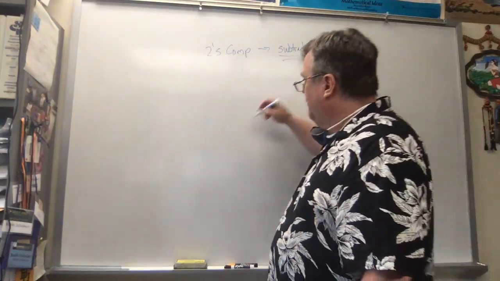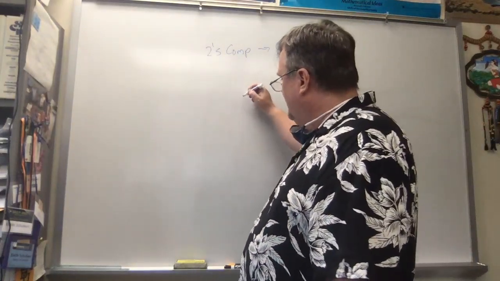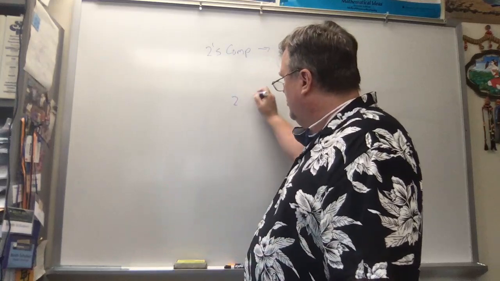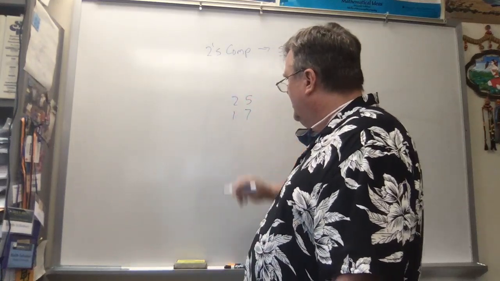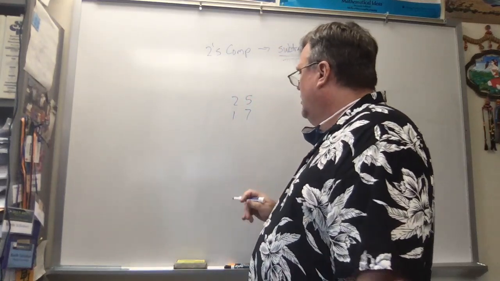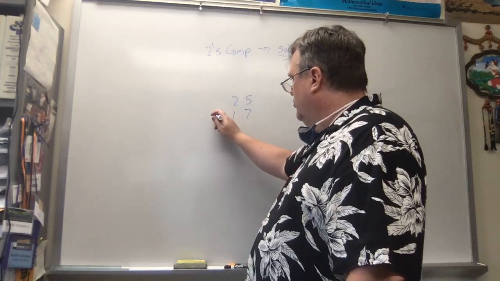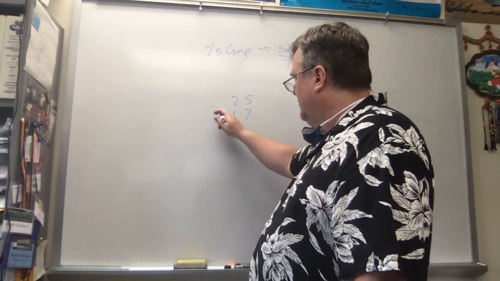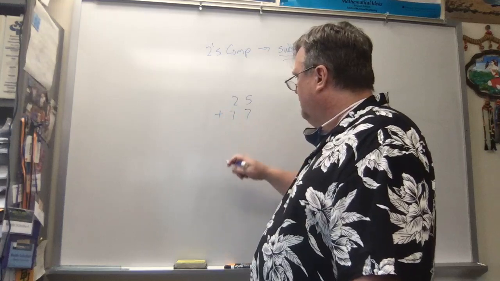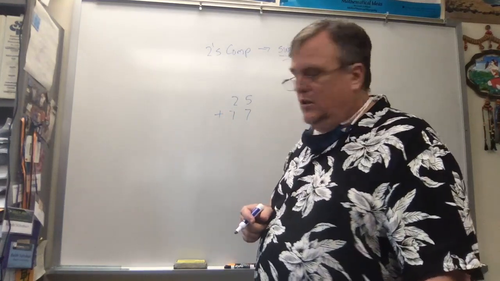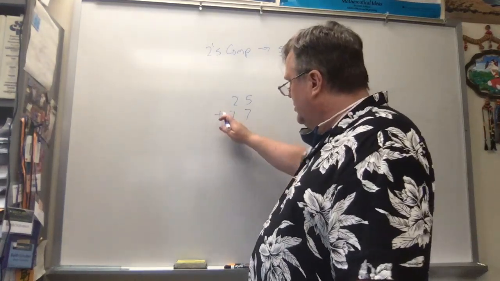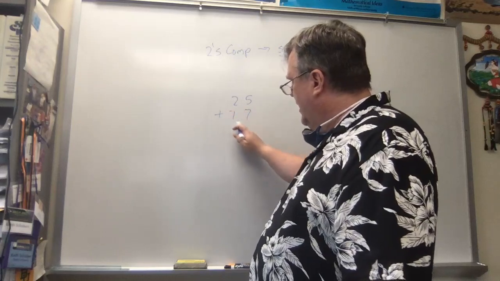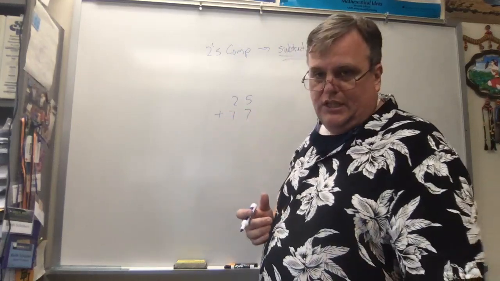And we know for a fact in base 10, in class we did 25 and 17, and we said, to do subtraction of 25 minus 17, it's the same as 25 plus a negative 17. So I could use an addition circuit to do subtraction if I can put the minus on the 17.